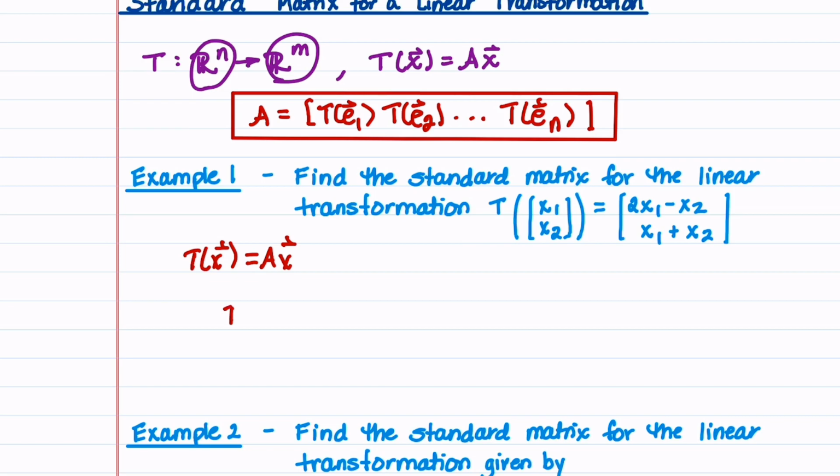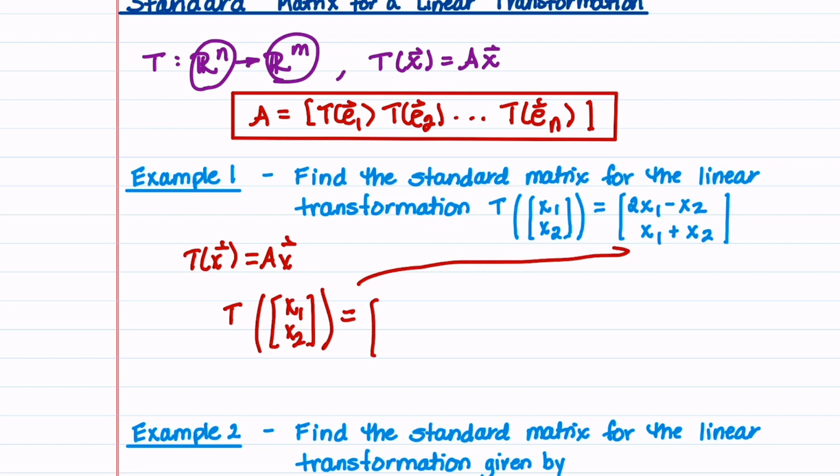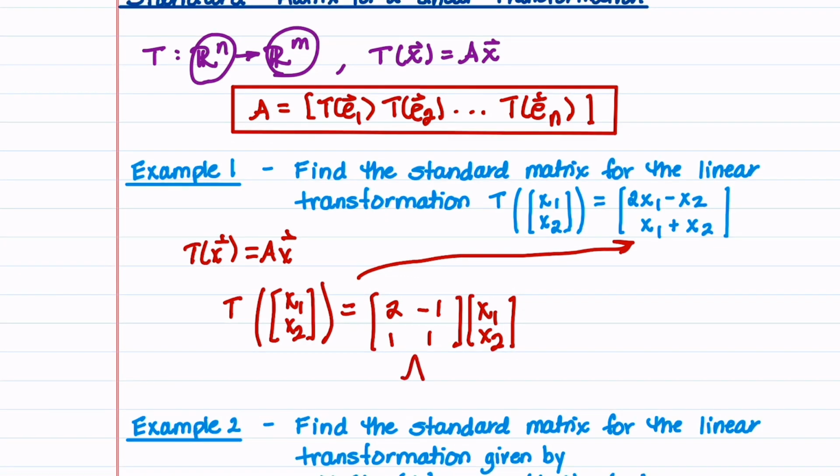So we say that T of x1, x2 is equal to, and if we break apart that right there, we end up with the matrix 2, minus 1, 1, 1 times x1, x2. So that provides us our matrix A, and we can write that our standard matrix is equal to 2, 1, minus 1, 1.